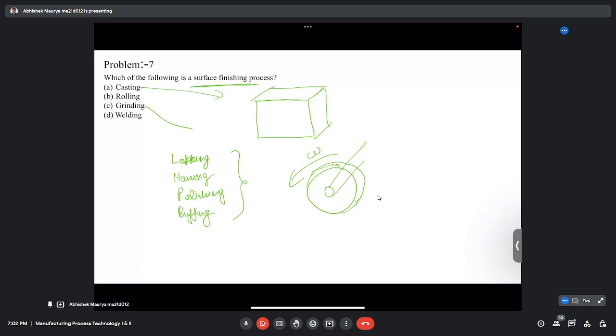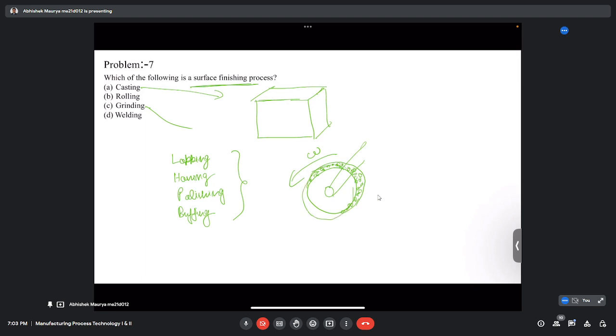And on the surface of the grinding wheel, small abrasives are stuck, or the grinding wheel itself is made up of different abrasives like alumina or cubic boron nitride. So there are many abrasives which you will study later in this course. So they are stuck together with the help of some bonding agent.